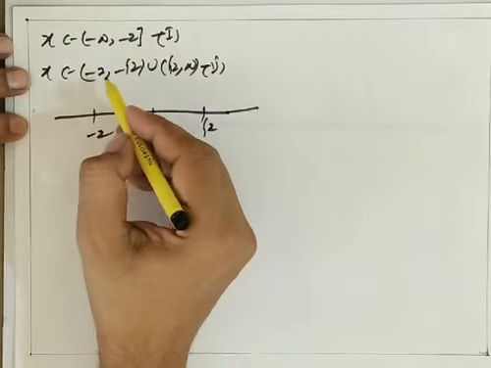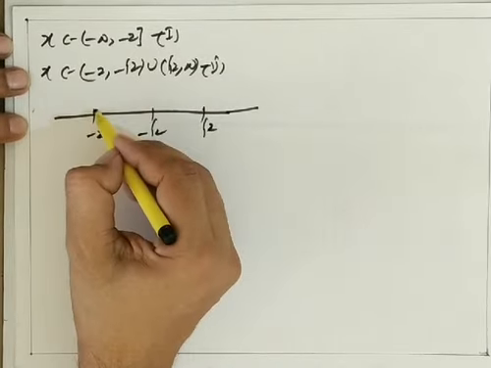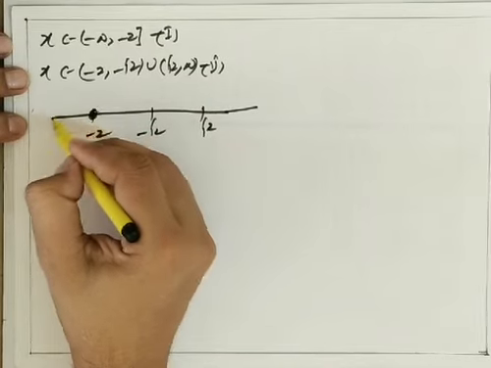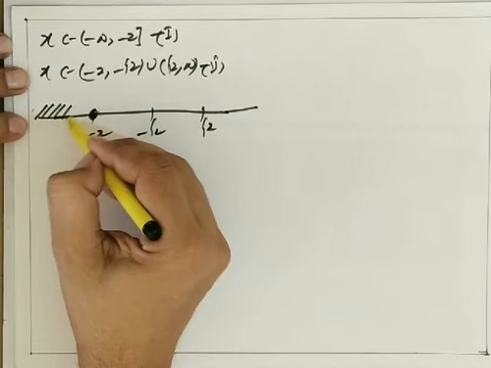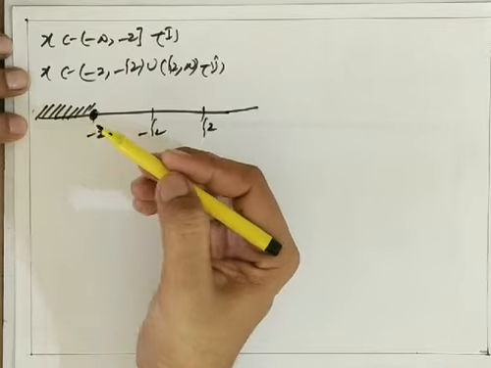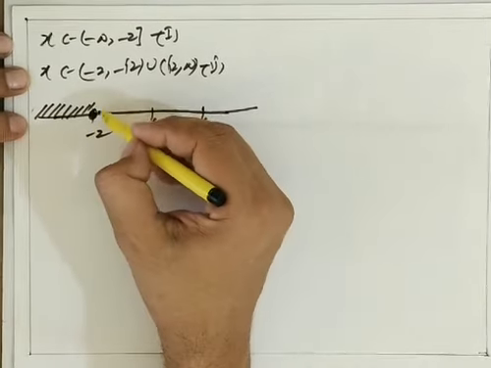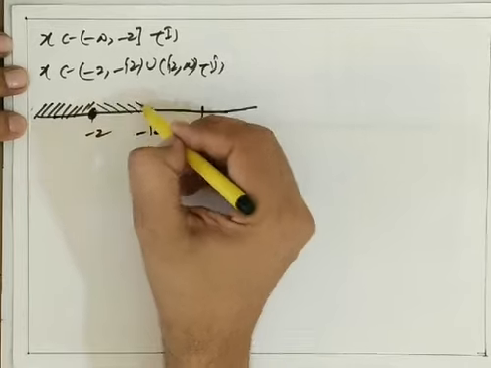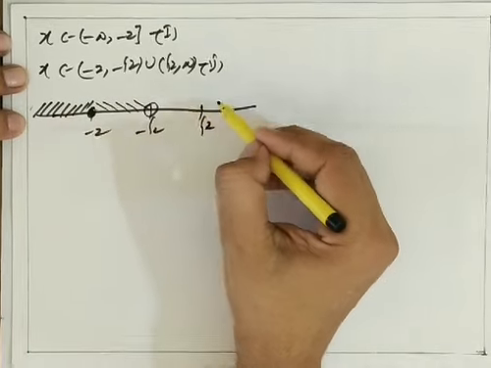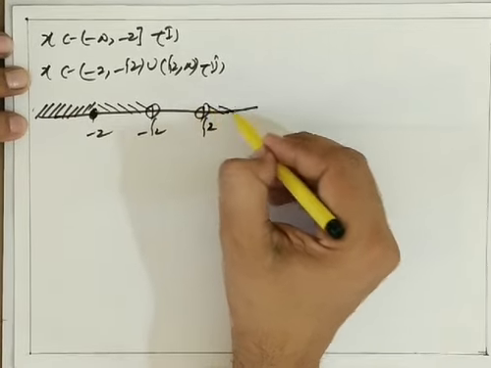The first is saying -infinity comma -2. By forward lines I am showing. Second is saying -2 comma -root 2. By backward lines I am showing. And root 2 comma infinity.